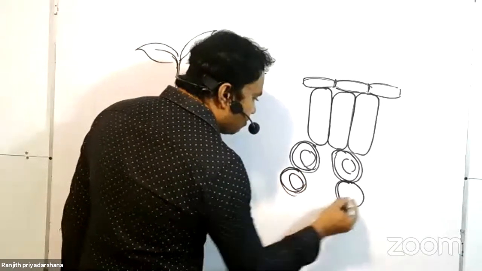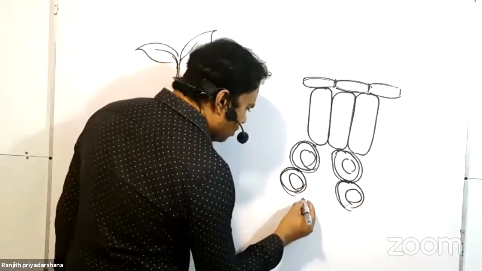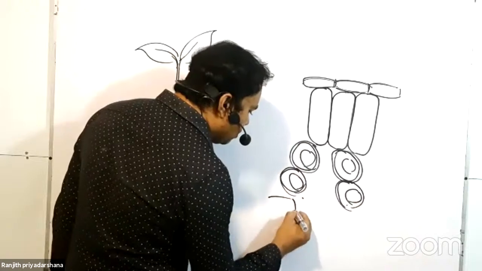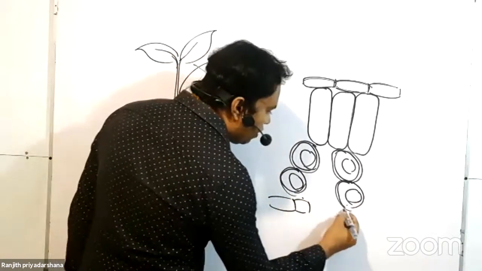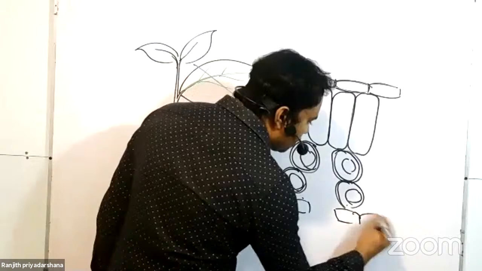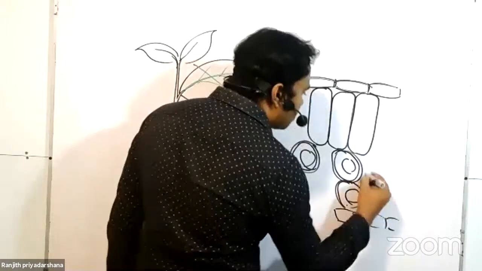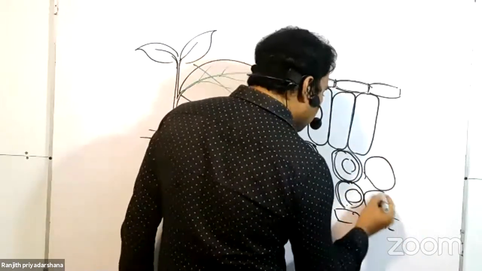You can observe the lower epidermis, the epidermal cell layer, and here the spongy mesophyll.